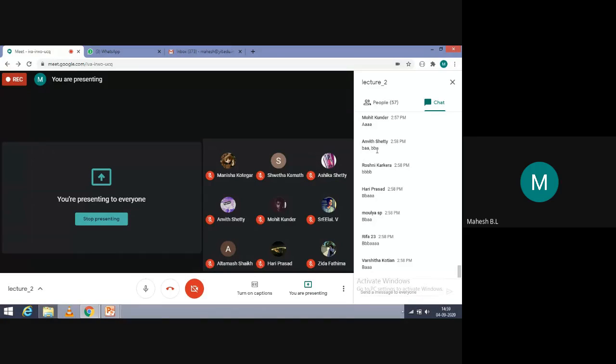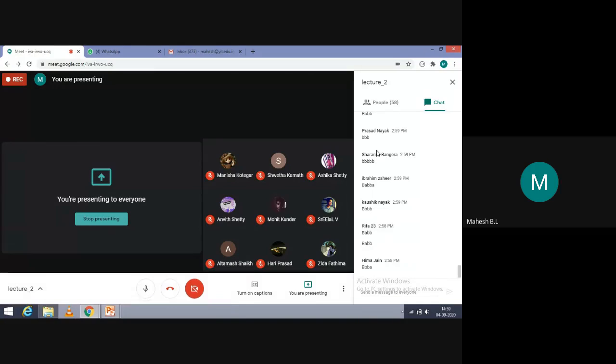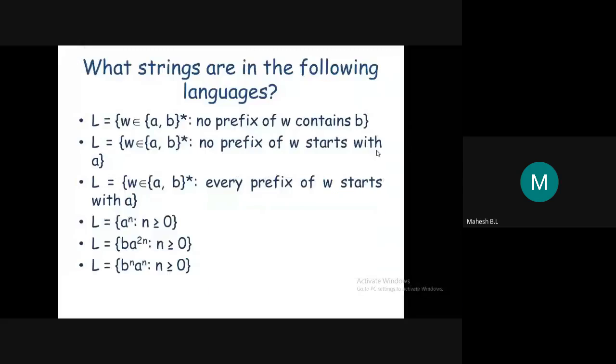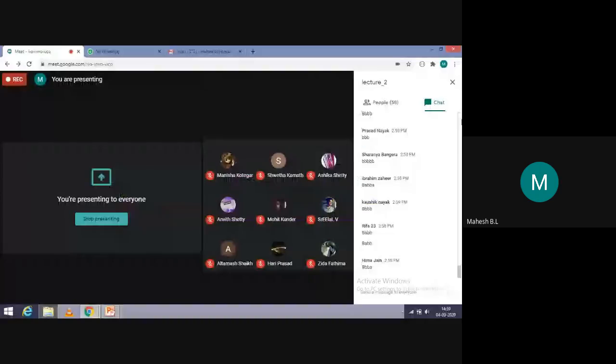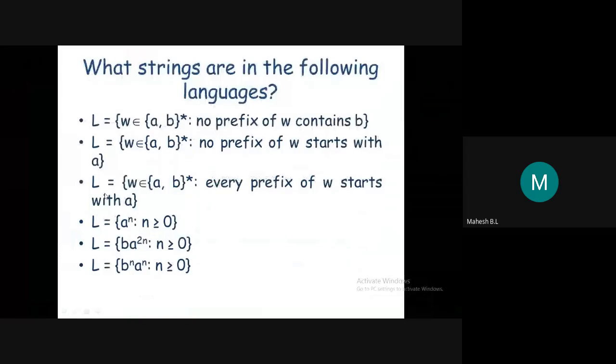That means every string must start with B. Another way of saying that: every string starts with B, so no prefix starts with A. When every string begins with B, automatically there won't be any prefixes which begin with A. When the string begins with B, the condition holds good. That's it.